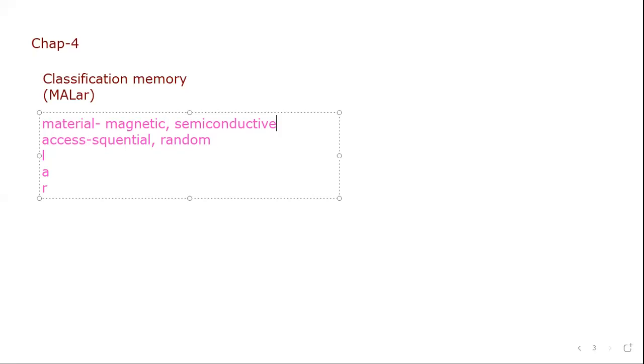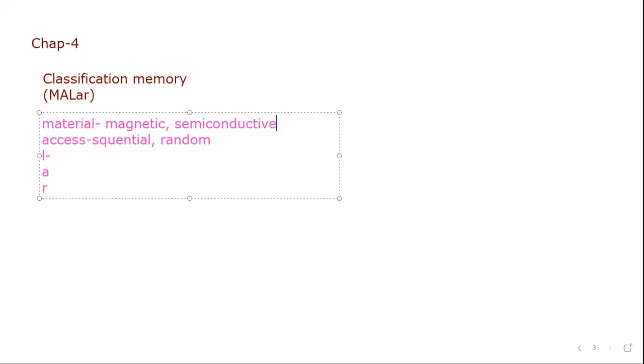In sequential access, we have to pass the current location. If you know the previous location, only then can you reach the next location, so it deals with the sequence. While in random access, you don't need to pass the previous address where you stopped, you can use any next address. So it would be sequential or random.